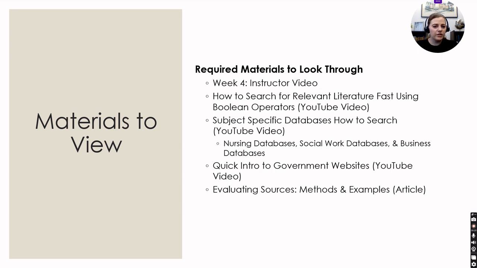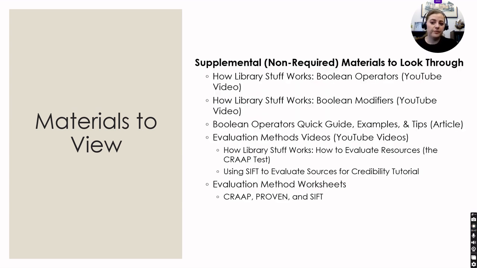So for the materials to look through this week, for required materials, we have the week 4 instructor video, the how to search relevant literature fast using Boolean operators video, our subject specific database video, so watch just your video, our quick intro to government websites video, as well as the evaluating sources, methods, and examples article.